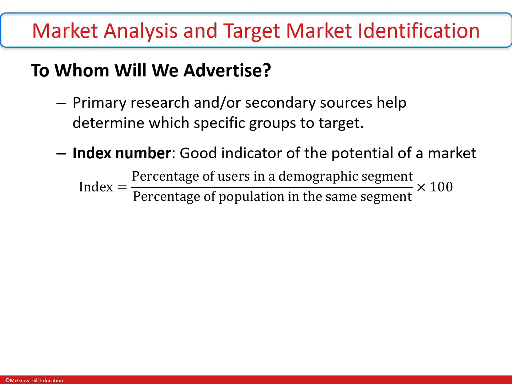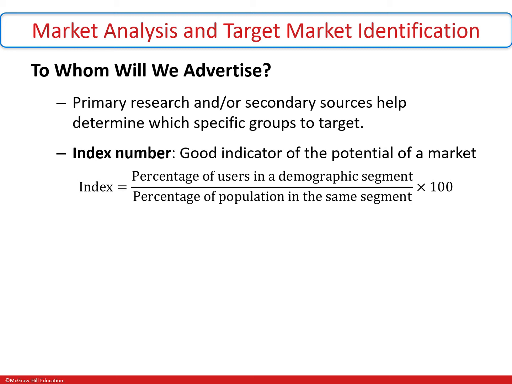Now, this index number tends to be generally a good indicator of market potential, and in fact, planners are normally, in many instances, more concerned with the percentages and the index number than they are with looking at, for example, raw numbers in terms of trying to determine marketing potential.